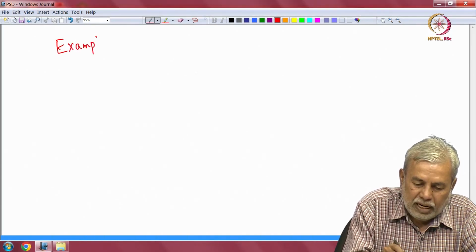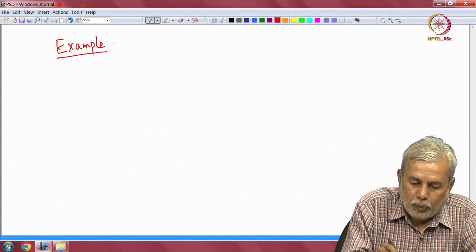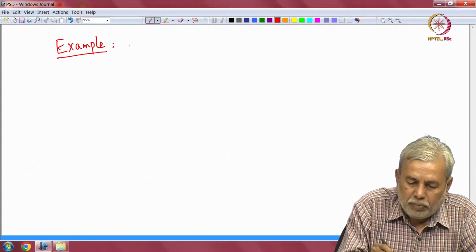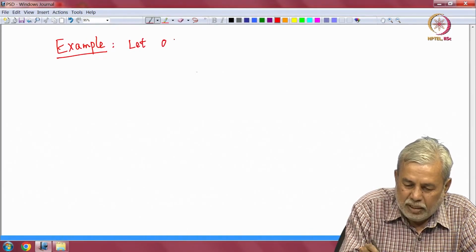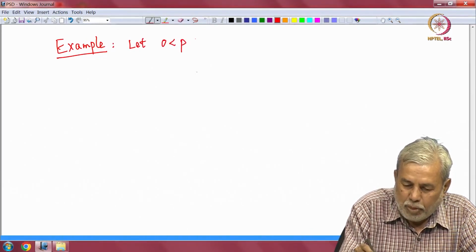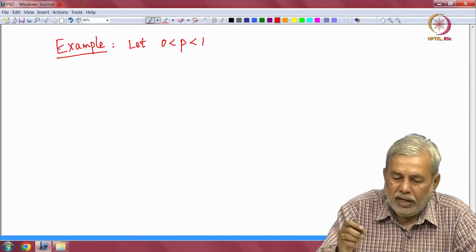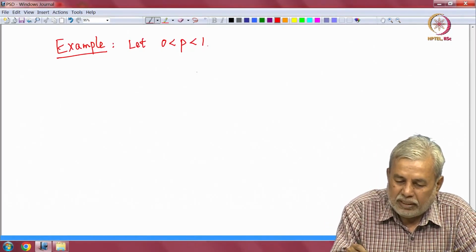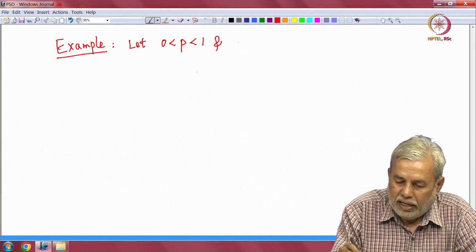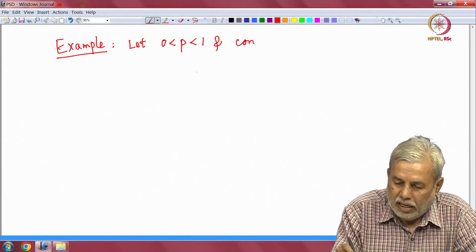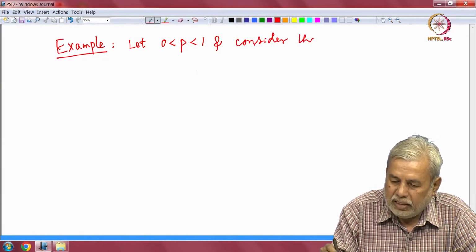Here is an example, the details you can work out. So, these are L^p spaces, but now the range is 0 less than p less than 1, and consider this space L^p(0,1).